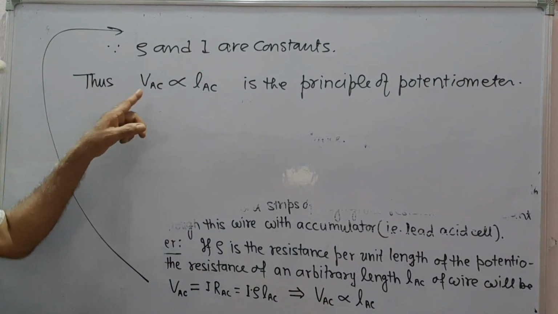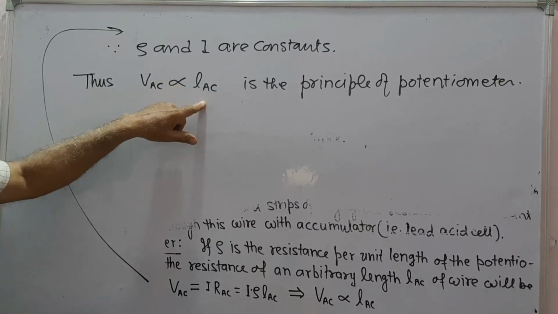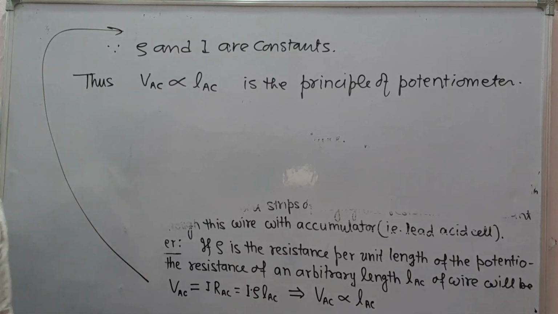That is, the potential difference across length L of potentiometer wire is directly proportional to this length L.